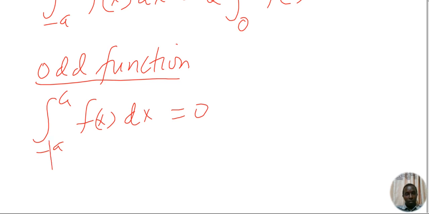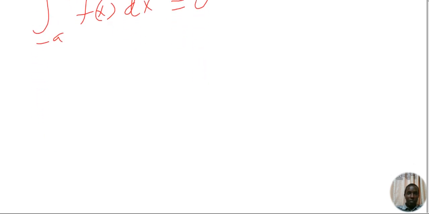Now, we are going to consider the Fourier series representation.